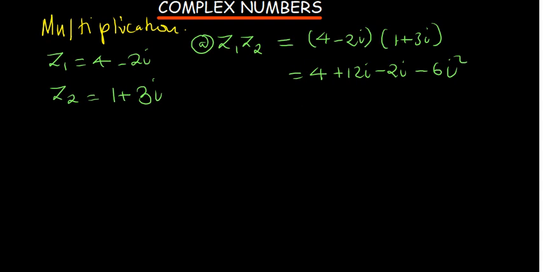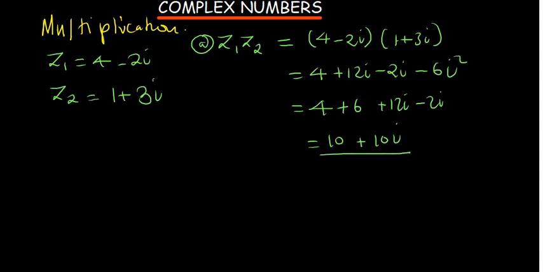And we know the meaning of i squared: i squared is negative 1. So negative 1 times negative 6 is going to give us positive 6. That will come here, and then we've got positive 12i minus 2i. 4 plus 6 is 10. 12i minus 2i is 10i. So this is the complex number z1 z2. As simple as that, that's how we multiply complex numbers.